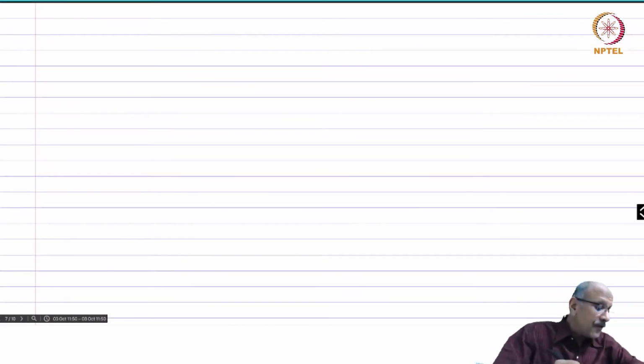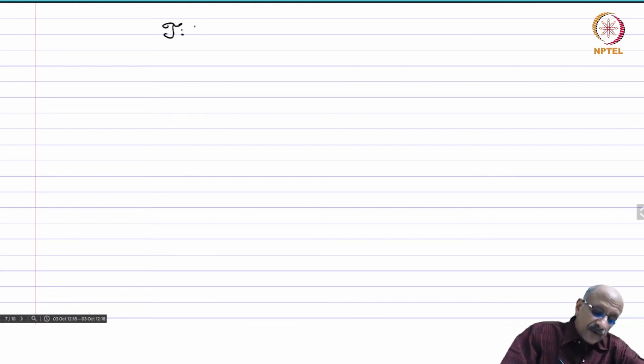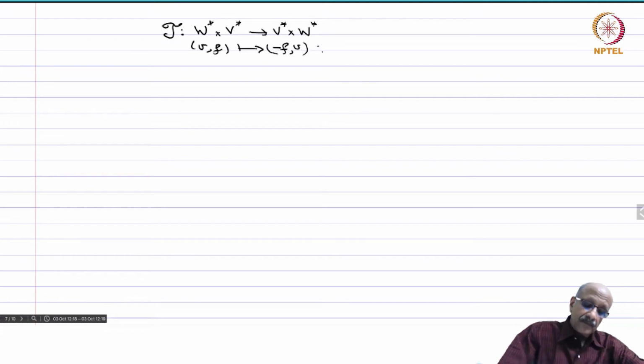Now the graph of A and the graph of A star are related by a very simple relationship. So let us now define script J from W star cross V star into V star cross W star. We take (v, f) and map it to (minus f, v). So we are just flipping the coordinates and putting a minus sign in front of it.